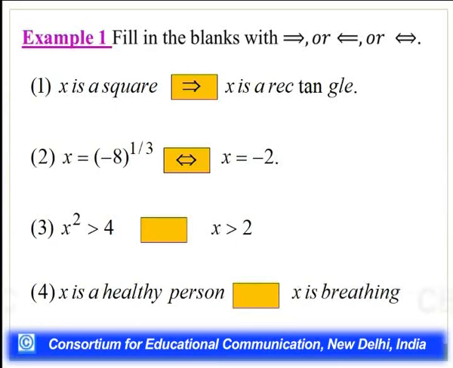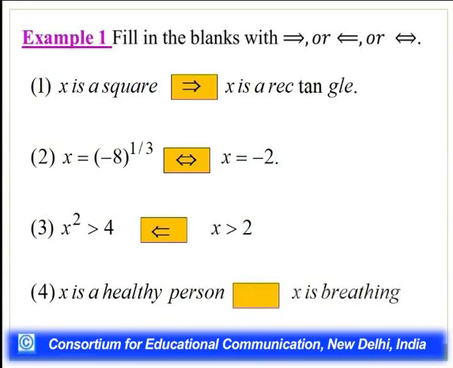I think you all know by now that if X square is greater than 4, it implies that X is greater than 2, or X is less than minus 2. And clearly this is the bigger set, and if you compare it with X strictly greater than 2, here the implication arrow will go from the right side proposition to the left side proposition.